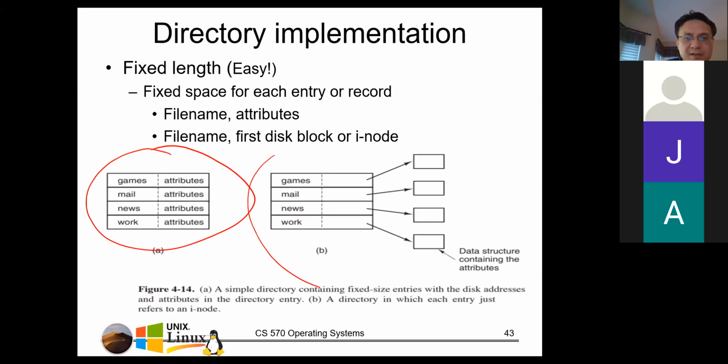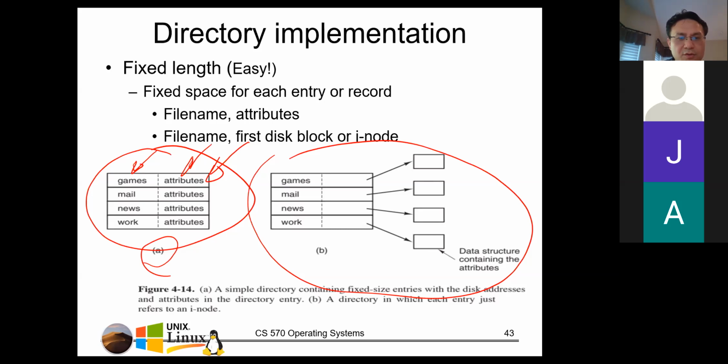These two diagrams are basically what I just talked about. This is the directory entry data structure. It essentially maps each file name to that file's metadata. Diagram A here is a direct mapping between the name and the attributes, and the second diagram, B, is a mapping between the name and the first disk block or inode.